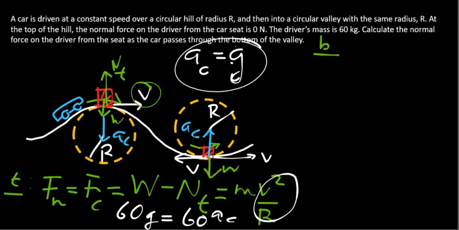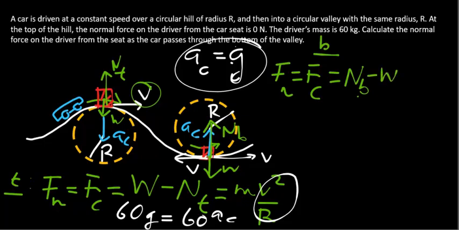The other one is the normal force, let's call it NB. So at the bottom position, the net force, or the centripetal force, equals the normal force from the seat heading upward minus the weight. And that is the centripetal force, MAC.